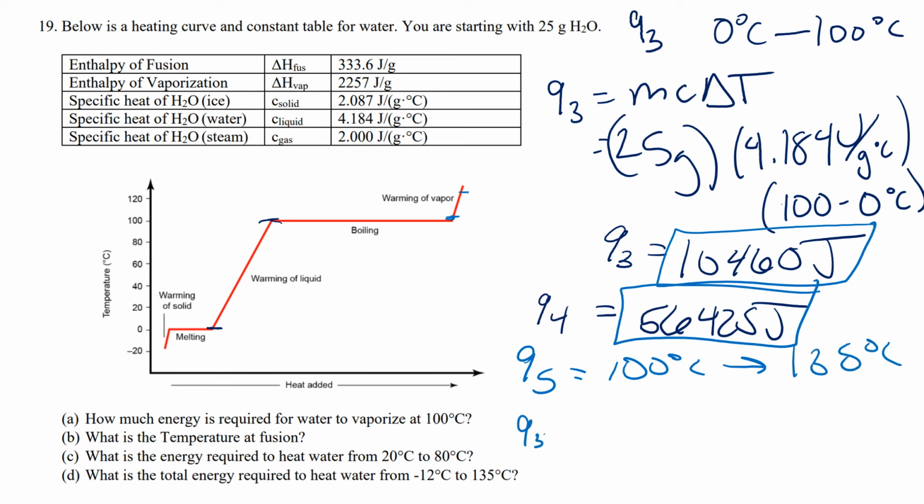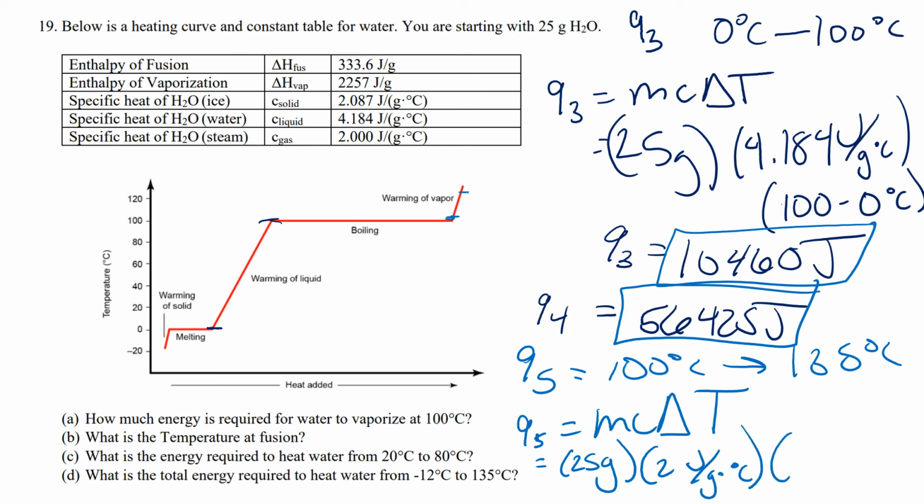So Q5 is equal to mcΔT in the gas phase, so that's 2 joules per gram degree Celsius. And for Q5, I get 1,750 joules.